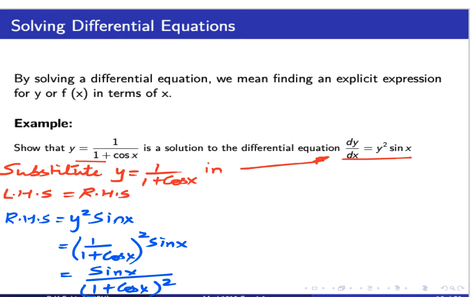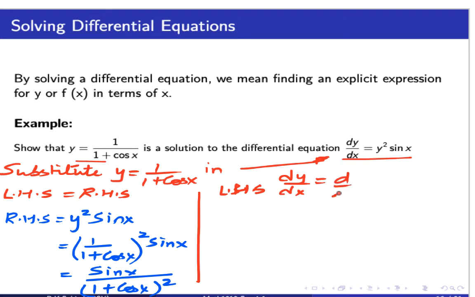Okay, now let's look at the left-hand side. Remember, the thing we have to prove is that the left-hand side equals the right-hand side. The left-hand side is dy by dx. So we're looking at dy by dx.